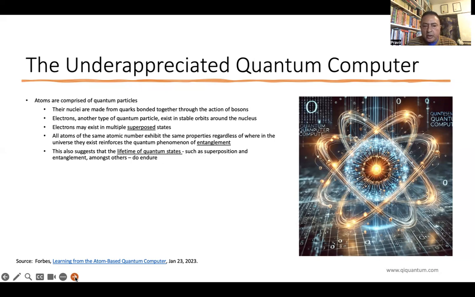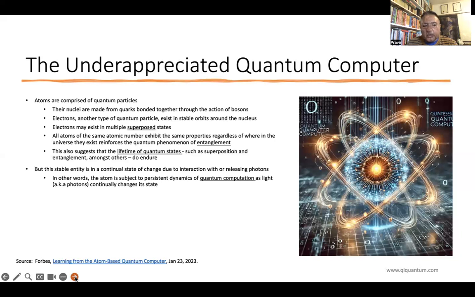We also know that all atoms that share the same atomic number exhibit the same properties regardless of where they may be. And I'd argue that that's an instance of entanglement. And we also know that the lifetime of these states, superposition, entanglement, endure, in contrast to some of the difficulties we're running into with developing quantum computers right now.